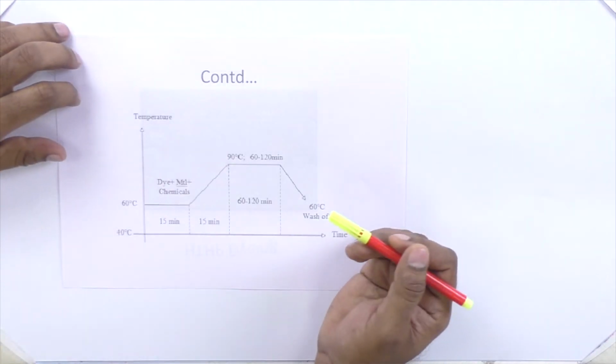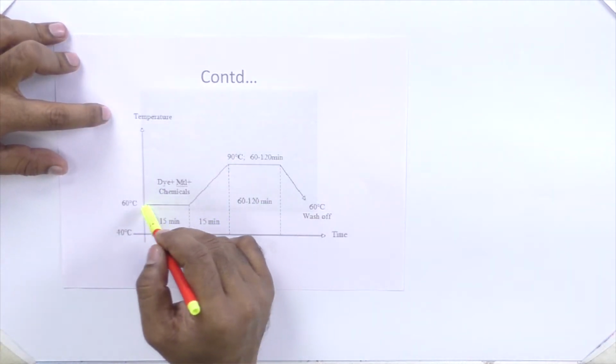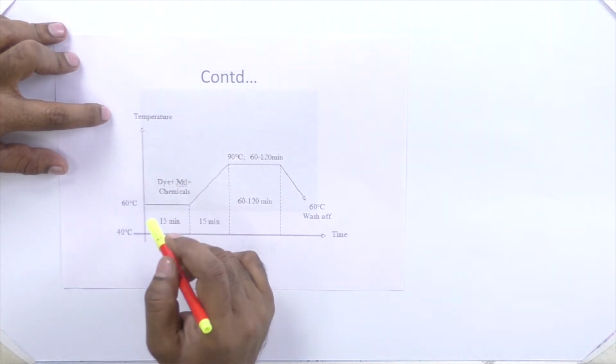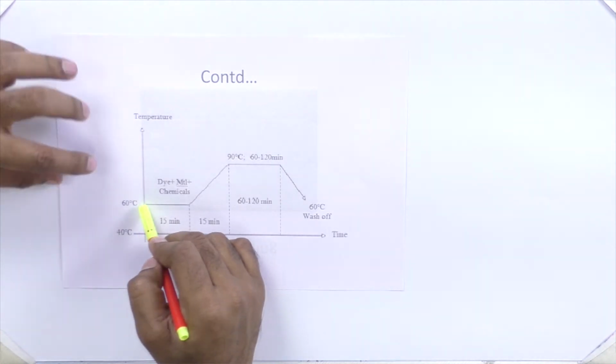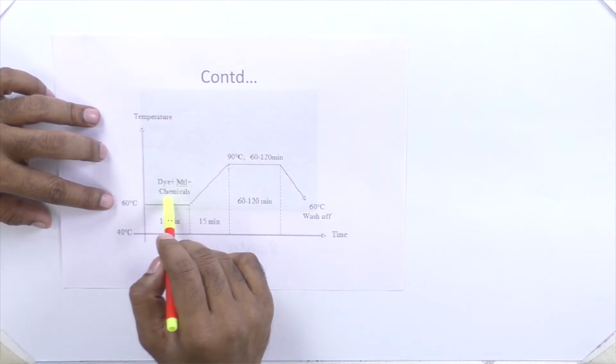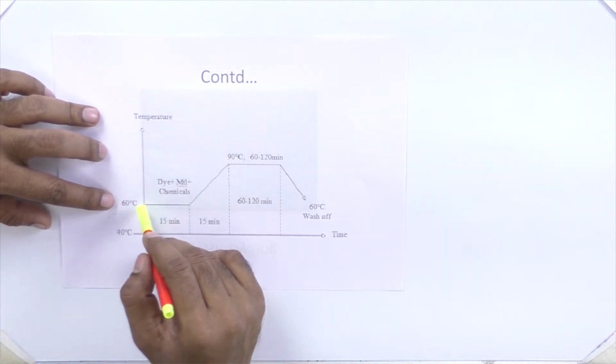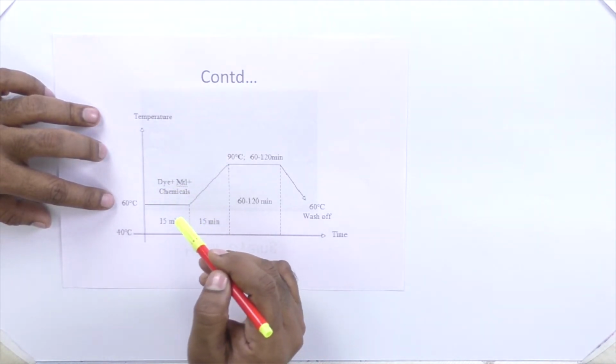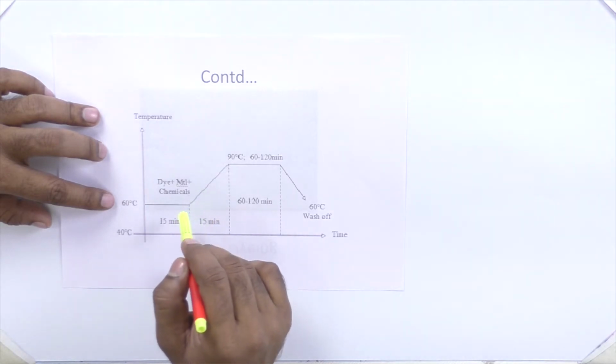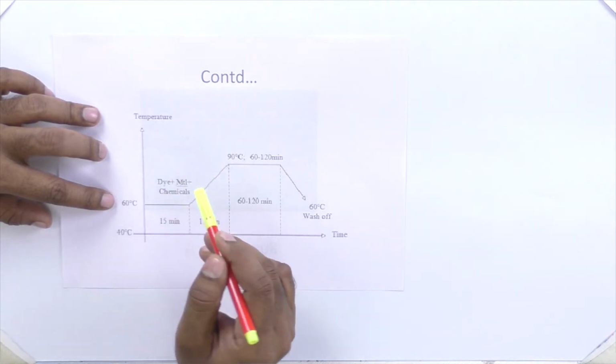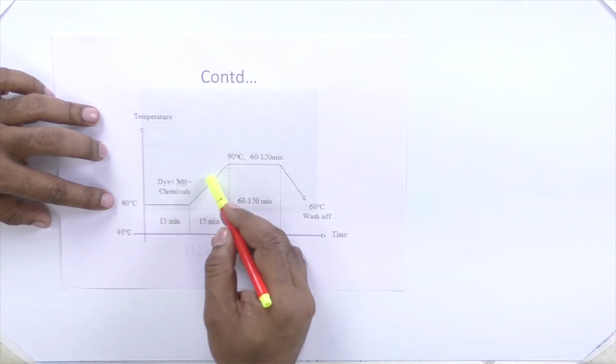In the normal dyeing method, the dyeing starts at room temperature, and we raise the temperature to 60 degrees Celsius, add dye and chemicals, and keep it at 60 degrees Celsius for 15 minutes for addition of dyes and chemicals, and then raise the temperature to 90 degrees Celsius.